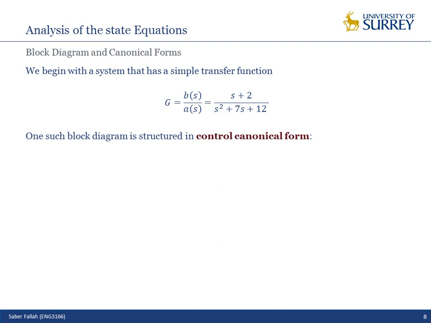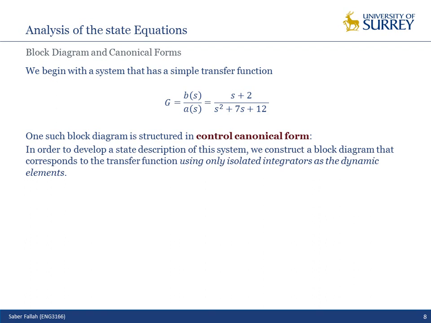The main form of the representation is known as the control canonical form. How can I calculate the matrices for the canonical form? Let's look at it this way. Again, we isolate the dynamics of the system through integrators. How?